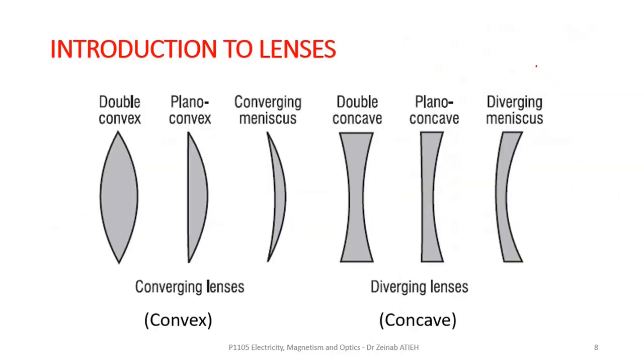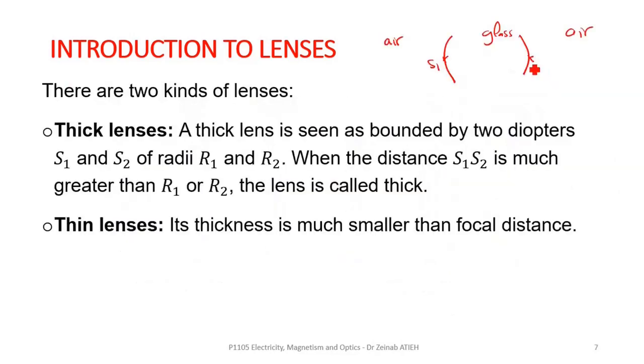Assume this is C1 and this is C2, the centers of the spherical surfaces. If the distance S1S2 is greater than the radii R1 and R2, the lens is said to be thick, and we treat the problem as a system of diopters.